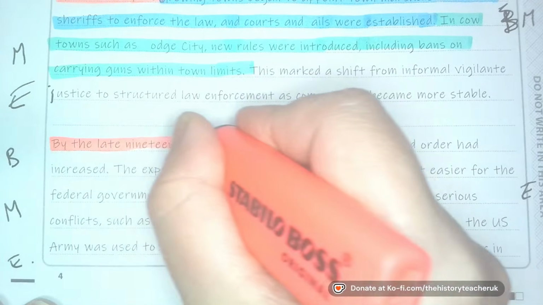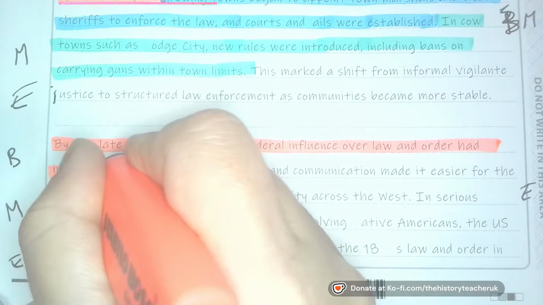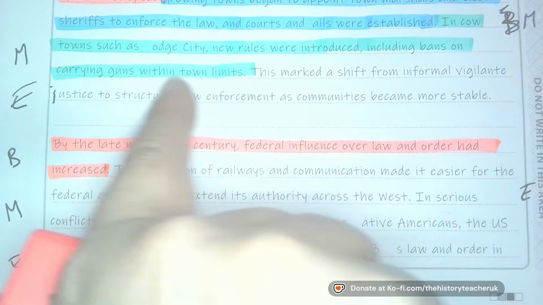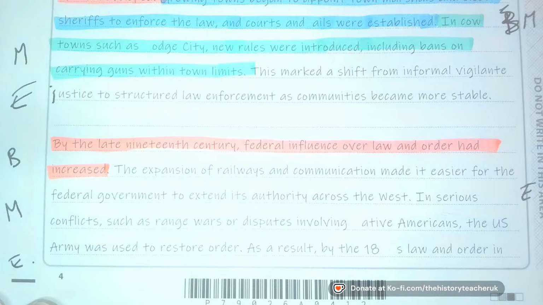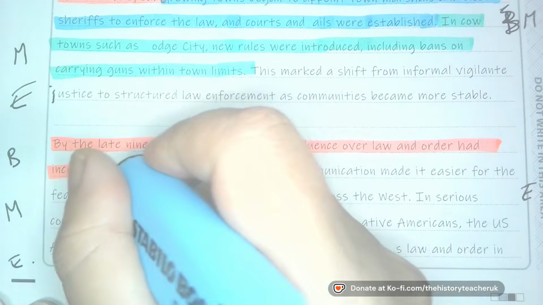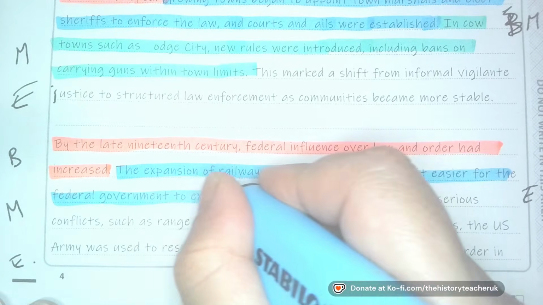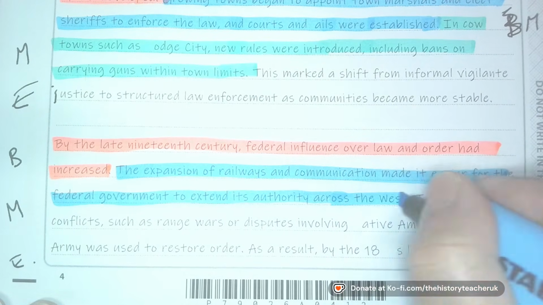By the middle of the late 19th century, federal influence over law and order had increased, because we've got these cities that are beginning to have new rules. What's happening? The expansion of the railways. Communication makes it easier for the federal government to extend its authority across the West.